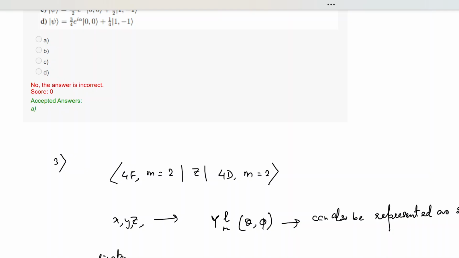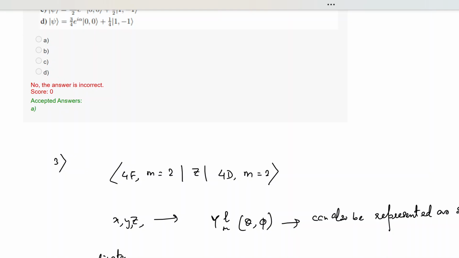Similarly, your x and y are in the form of r sin theta e to the power plus minus i phi. Depending on the combination of x and y, sometimes it is sin phi and sometimes it is cos phi, right? But in general terms, the dependence is like this.